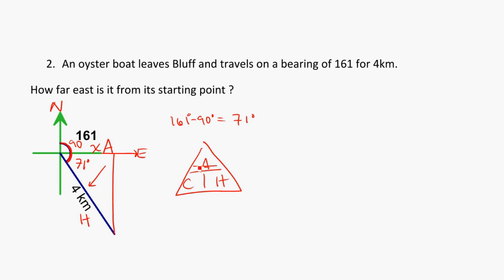And I am looking for the adjacent side. So here, x, or my adjacent, is going to be equal to cosine of 71 times 4. And cosine of 71 times 4 is going to be equal to 1.3 kilometers. So in this case, the boat will have traveled 1.3 kilometers to the east.